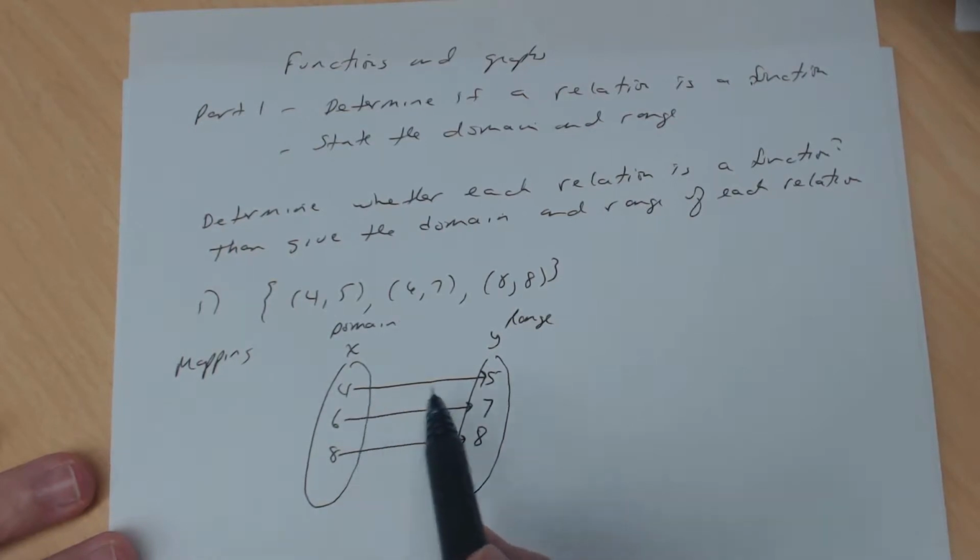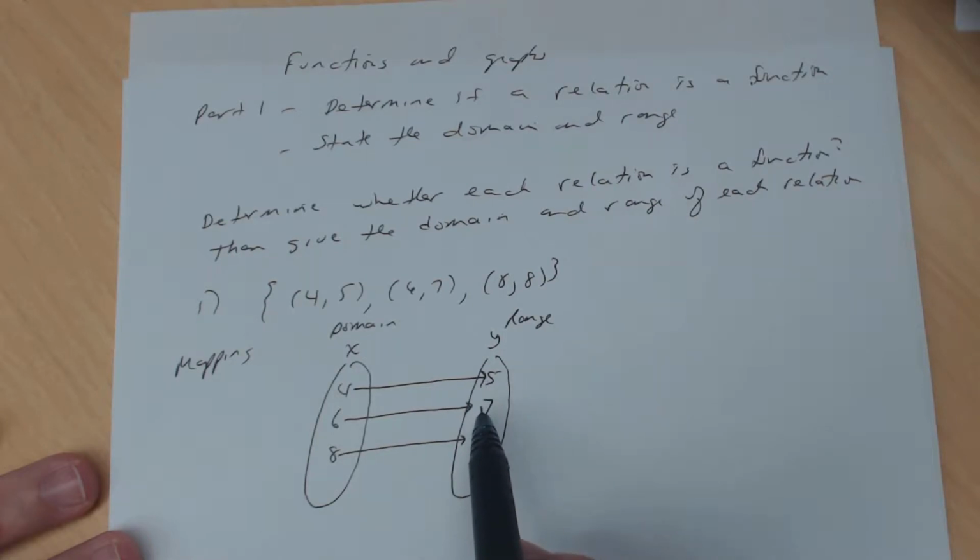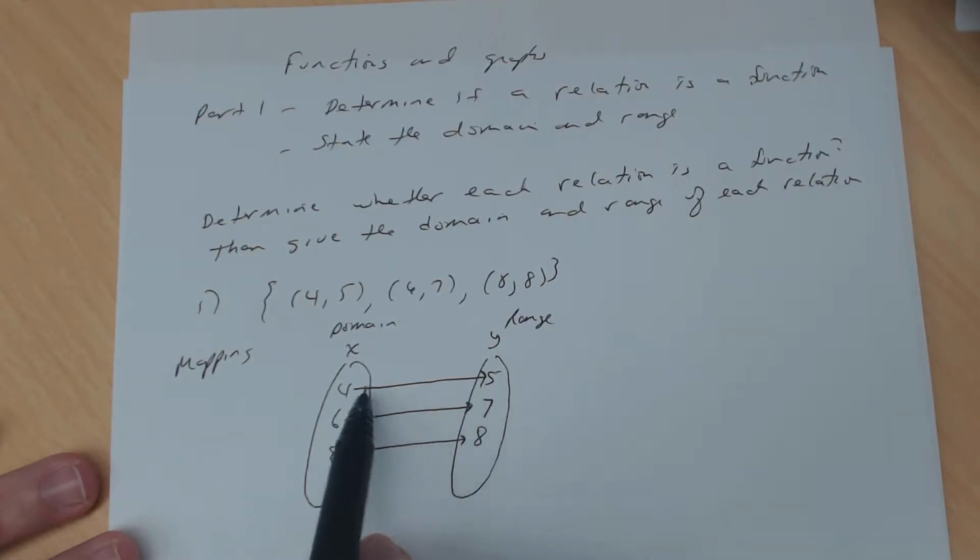So for each x-coordinate, there is exactly one y-coordinate. That's the definition of a function. For each element in the domain, there corresponds exactly one element in the range. When x is 4, there's only one y value, it is 5. When x is 6, there's only one y value, it is 7. When x is 8, there's only one y value, it is 8.